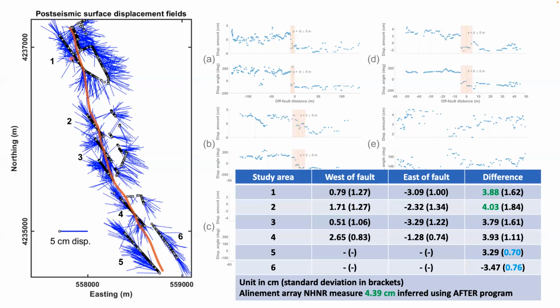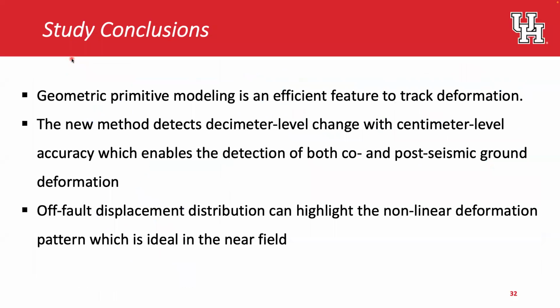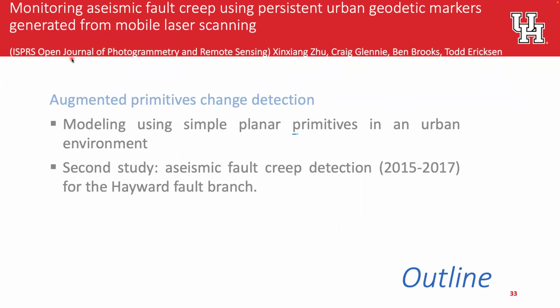And so the next step was, can we take those conclusions that the geometric primitives are efficient to track deformation at a centimeter-level accuracy? Can we take that and look at other primitives that may be more widespread to improve the usability of the methodology?